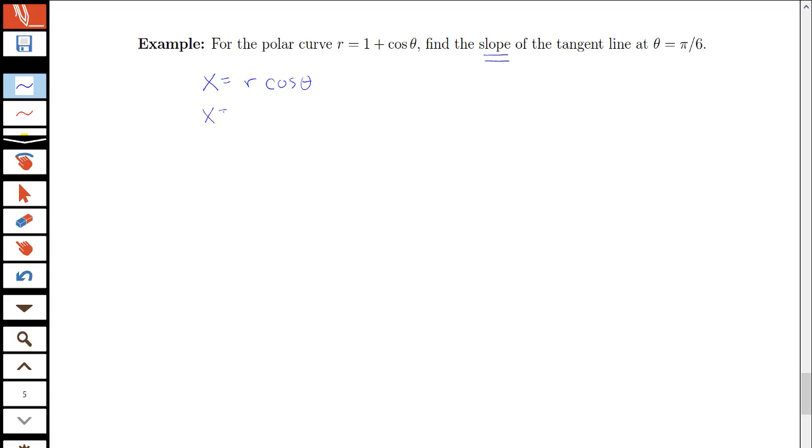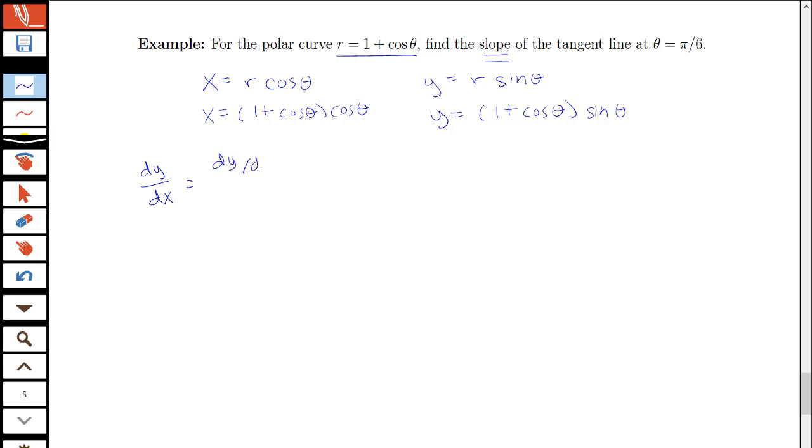This means I have x is equal to 1 plus cosine theta, times cosine theta, for my x parametric curve. I also know I have the conversion y is equal to r sine theta, so my y will be equal to 1 plus cosine theta, because that's the value of my r for the polar curve, times sine theta. To find dy dx, we know we're going to be doing dy d theta over dx d theta.